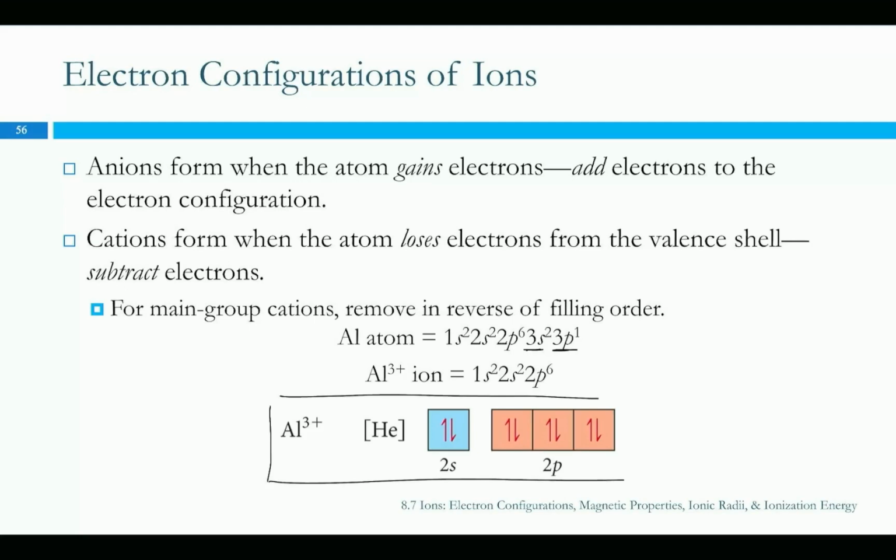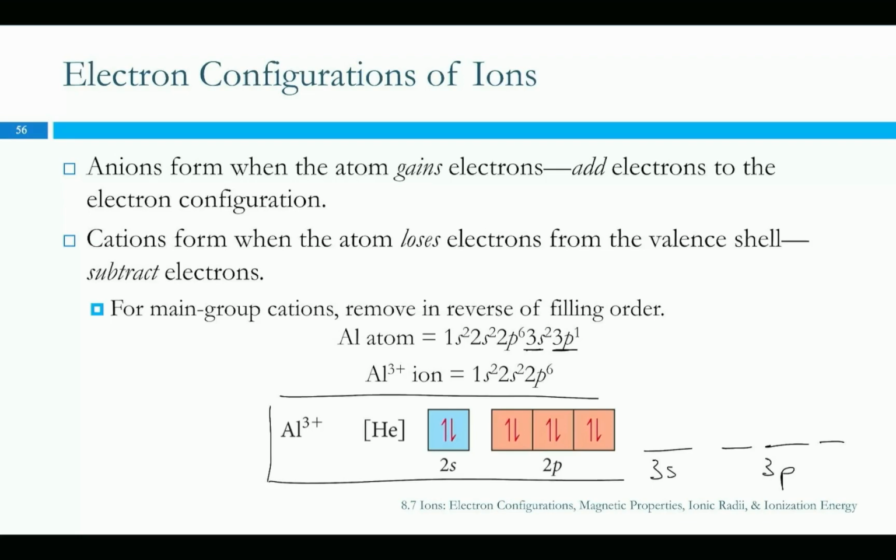So to get back to the same electron configuration as neon, we have to lose 3 electrons. So the 3p1 and the 3s2, those 3 electrons we lose, which would have been these now empty orbitals. So we empty out those orbitals and we remove that shell.